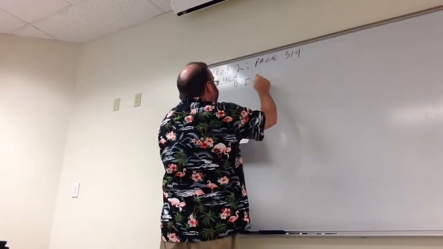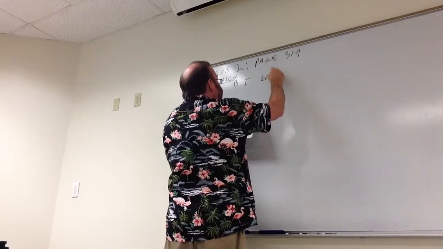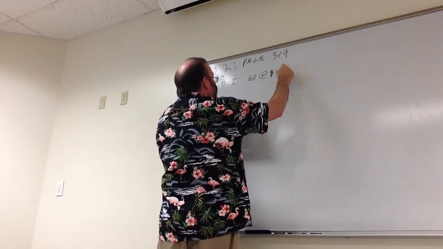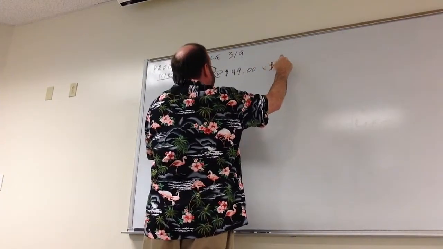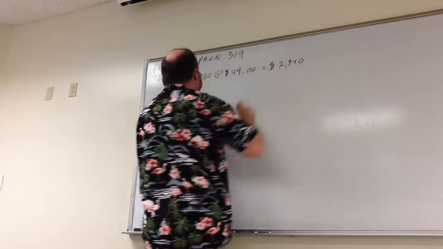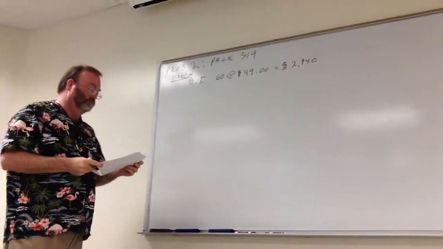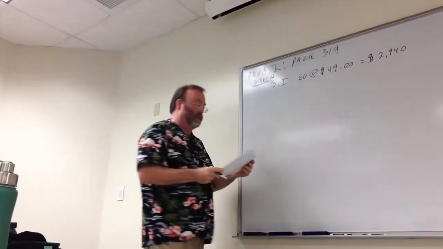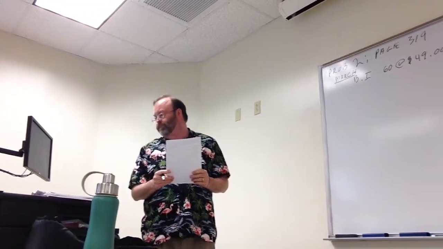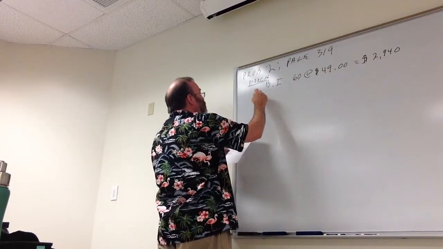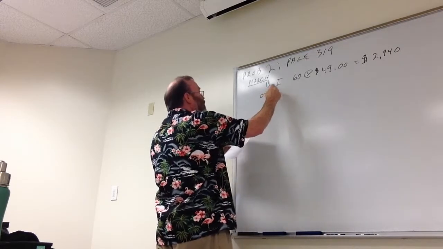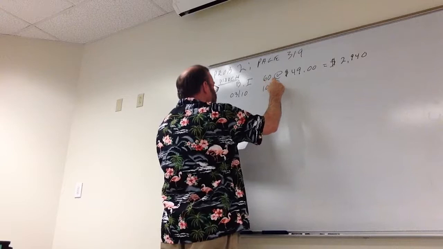So beginning inventory is 60 units, each costing $49 for a total of $2,940. I multiplied 60 times 49. All right? Then we made a purchase on March 10th of 100 units.